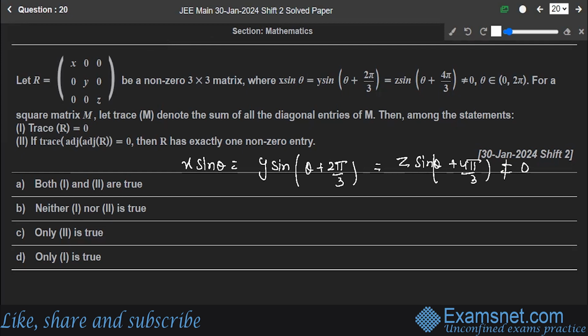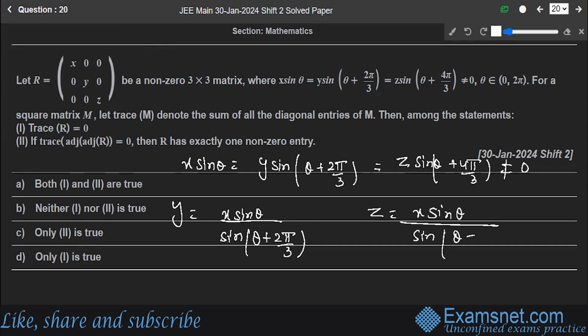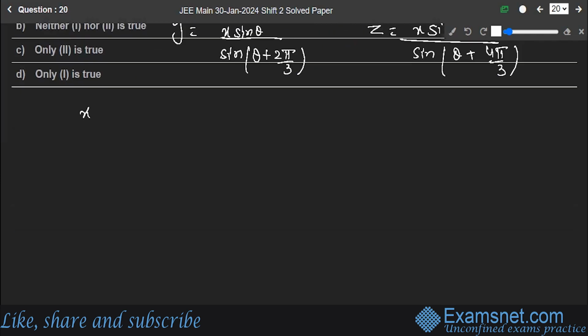So you can write y is equal to x sine theta upon this, and z is equal to x sine theta upon sine (theta plus 4 pi by 3). Now let's find out the trace of M, which is the sum of the diagonal entries, that is x plus y plus z.